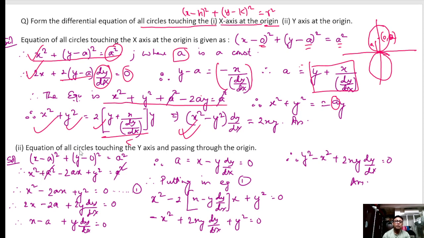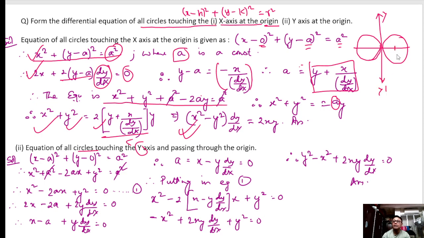Next is the equation of all circles touching the y-axis and passing through the origin. First of all, let me show you how the figure would look. Touching the y-axis, it can be either like this or like this. This is the y-axis.